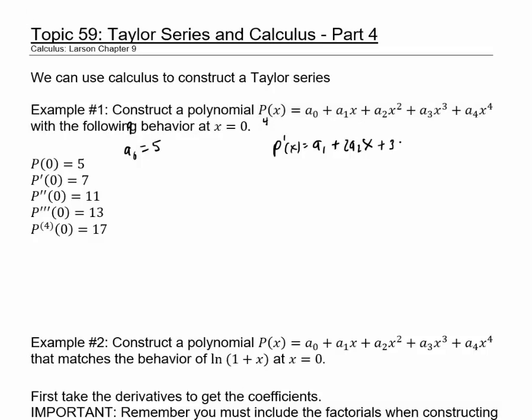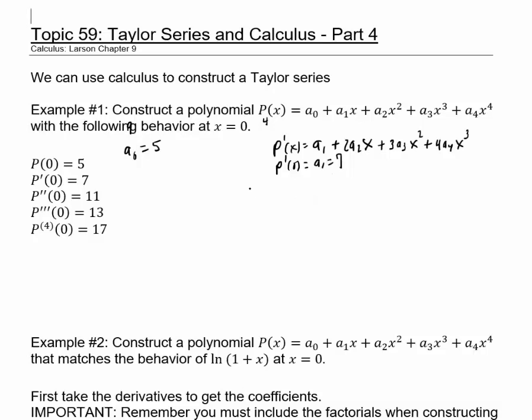Then p prime at 0 is equal to 7. So this would be 0, this would be 0, this would be 0. That tells you that a1 is equal to 7.